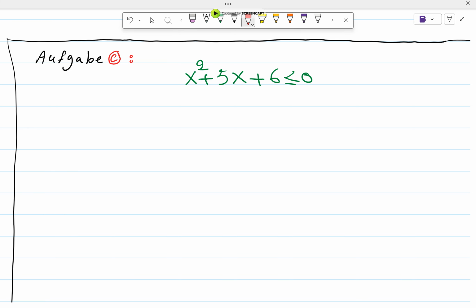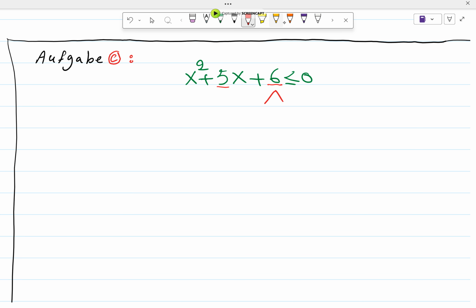At first, my dear friends, in inequality, when we see these questions, at first we must find the two numbers whose product is equal to 6, and also the sum of these two numbers is equal to 5.